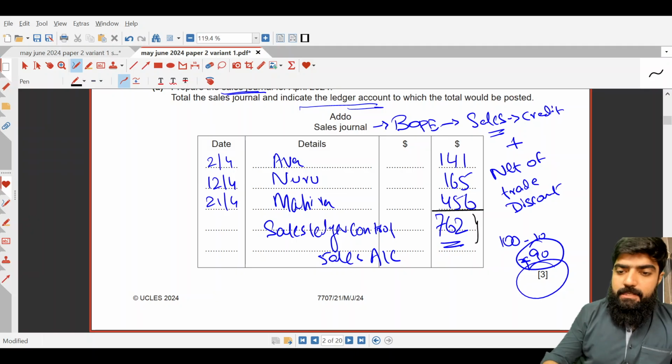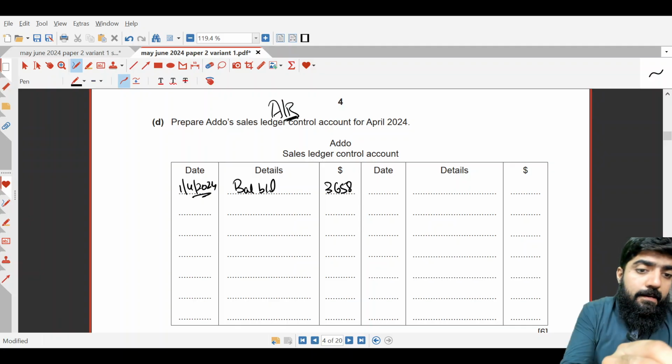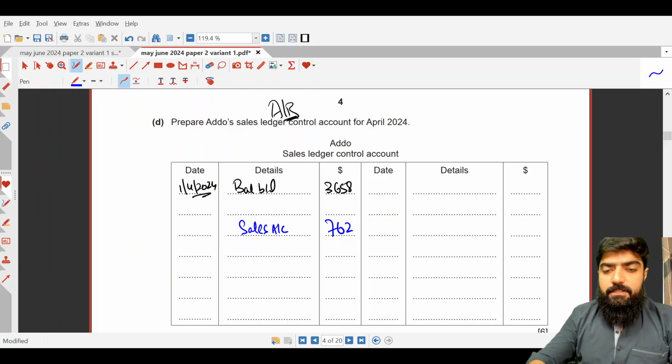Yeah. So 762 will be debited. That is the sales account. Okay, 762 will be debited.